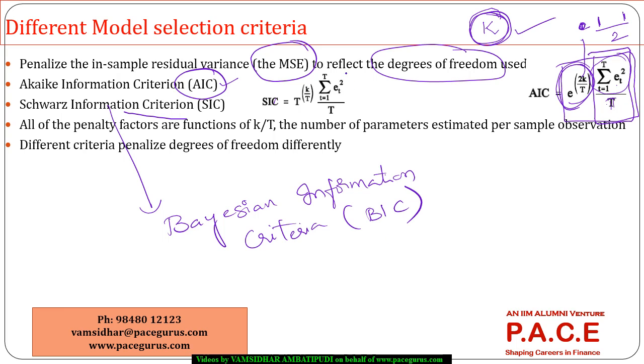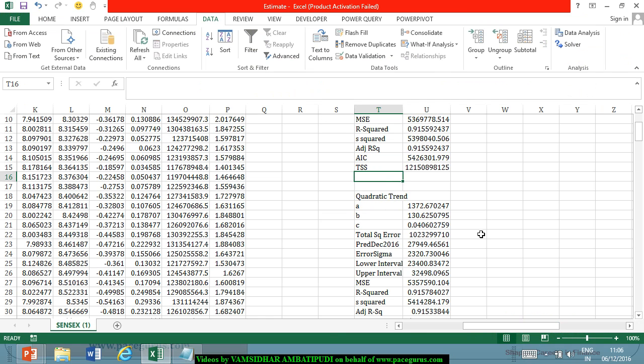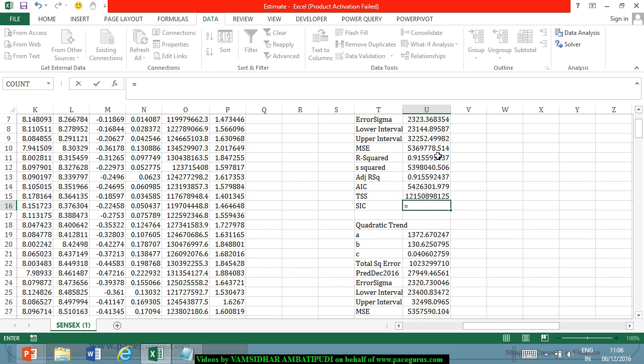The way you are taking that is, again, this is the mean squared error. You are multiplying it with t to the power of k by t. That is the way the Schwartz Information Criteria is computed. So SIC is computed as the mean squared error multiplied by t to the power of k by t.